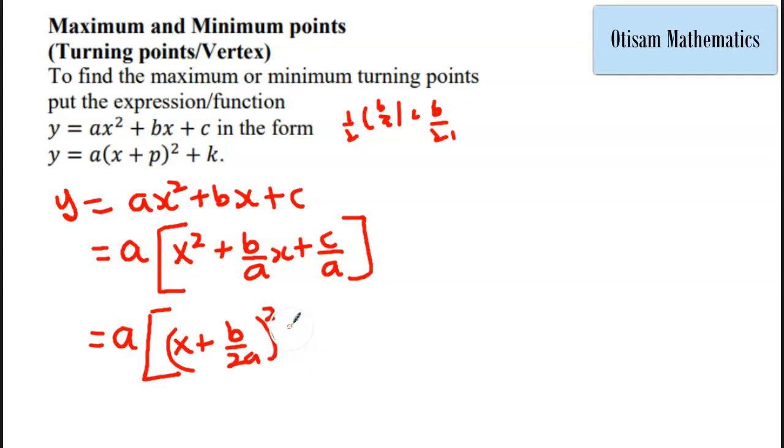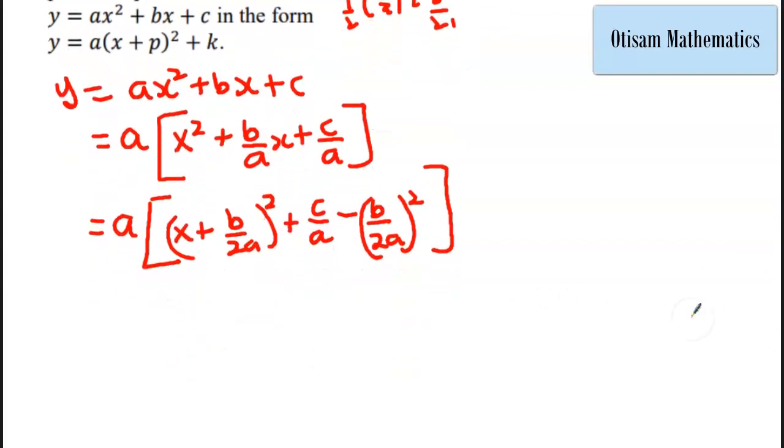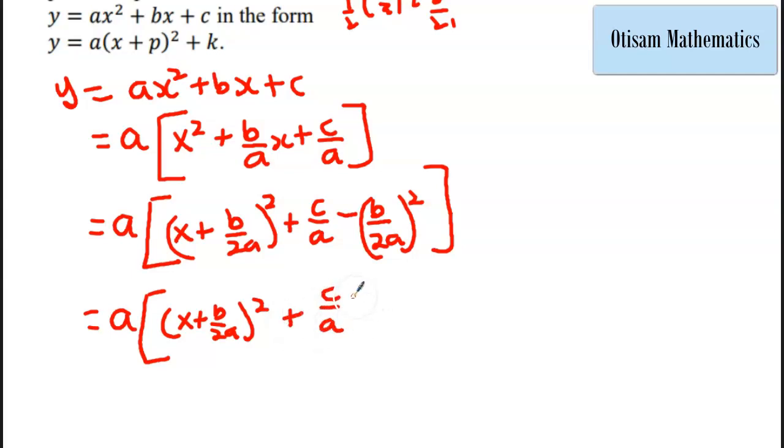So plus c on a minus b over 2a all squared. When you expand this, you get this term, so we need to subtract it so that we get our original expression: x plus b on 2a all squared plus c on a minus b squared over 4a squared.